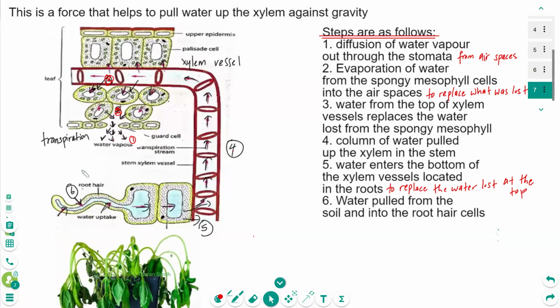And what it is losing, it's not able to get back from the soil, right? So if there is a drought or something, and there's not enough water in the soil, then the plant might risk losing more than it can get back from the soil. And that's when it wilts. Which is why we water plants, yes.